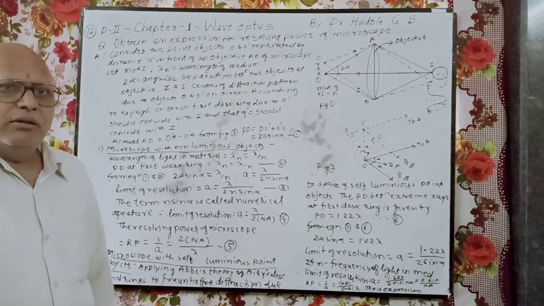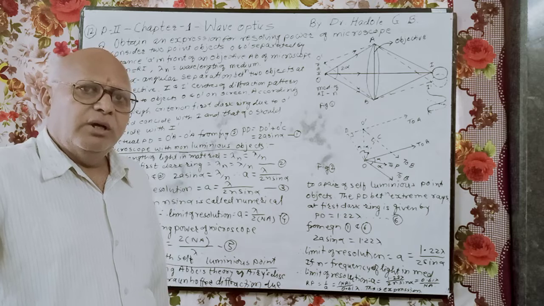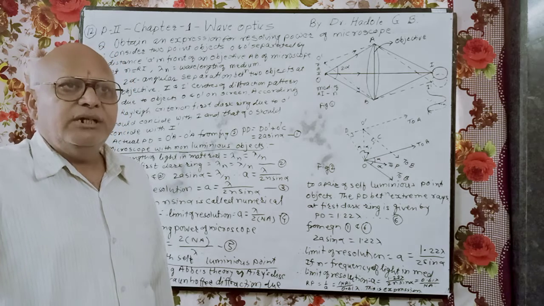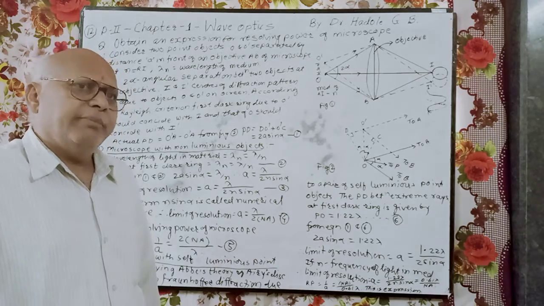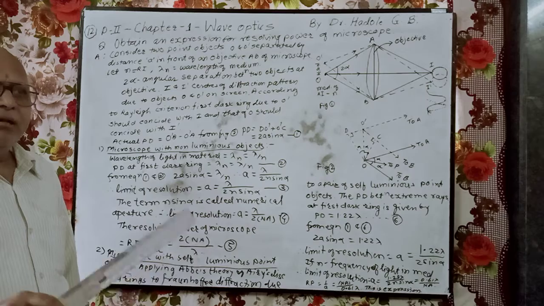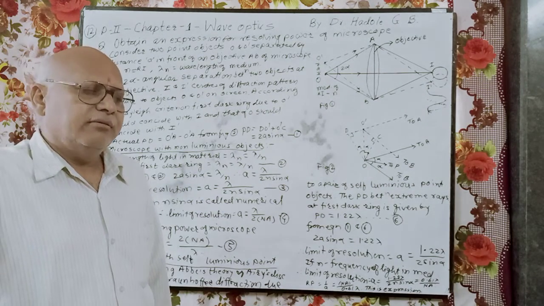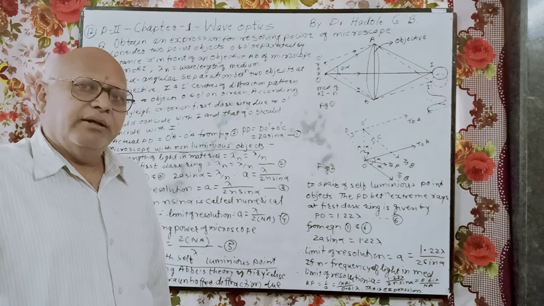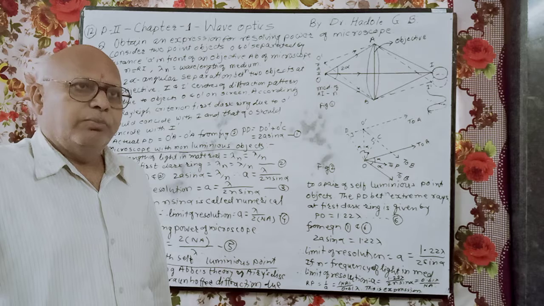When we want to increase the resolving power of microscope, the refractive index of the medium is to be increased, and that's why in most microscopes a liquid, that is cedar oil, is used between object and objective.